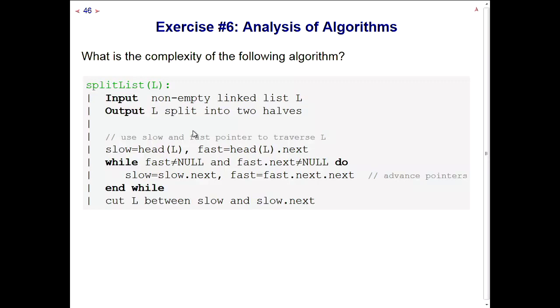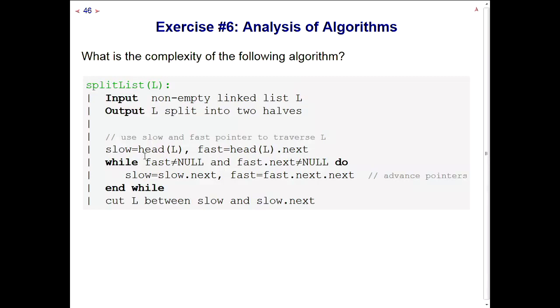Now, this algorithm is a solution to the challenge exercise from last week, where the task was to take a linked list and split it into two halves. One way to do this, and I know that at least one of you found the same solution, is to use 2 pointers, a slow pointer and a fast pointer. The slow pointer always advances 1 element.